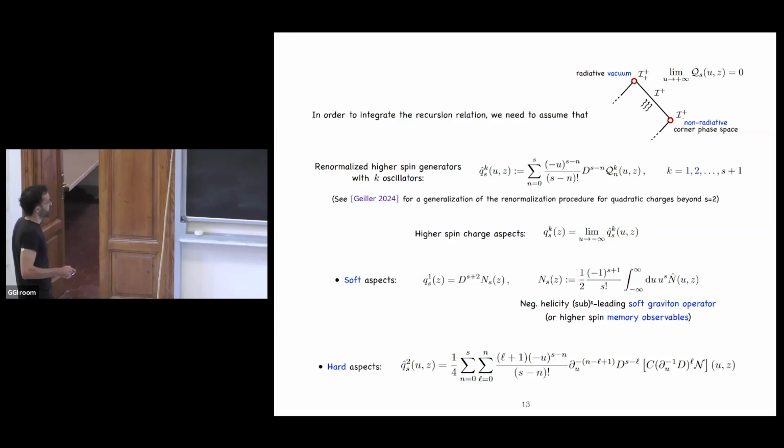And you can look at the linear part of these charges when you solve the recursive relation, and this is the linear charge. So this N S is, in our convention, the negative helicity sub-S leading graviton theorem operator, and then you have the quadratic term that takes this form here.